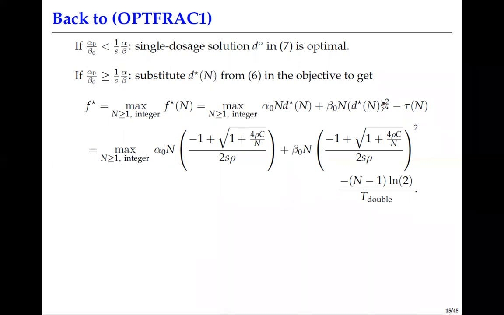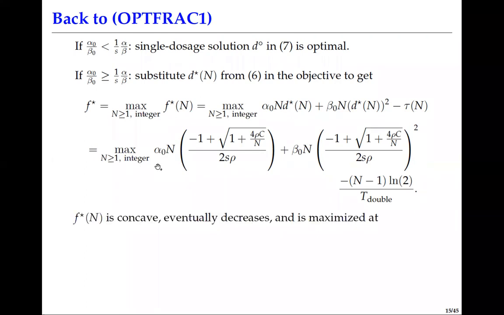I did that over here, and I expanded it out a little more over here. This d star n was obtained from equation 6 above. This is the square of that, and this is my expression for tau n. So this is the form of that f star function, and I want to maximize it as a function of n, where n has to be an integer.